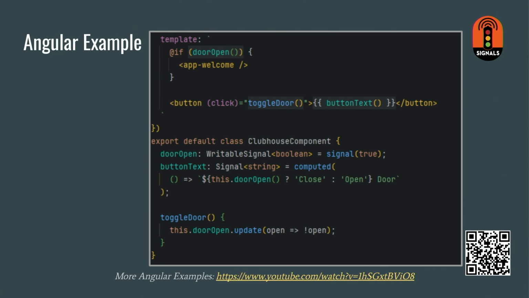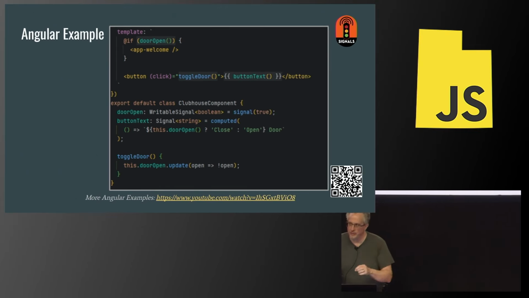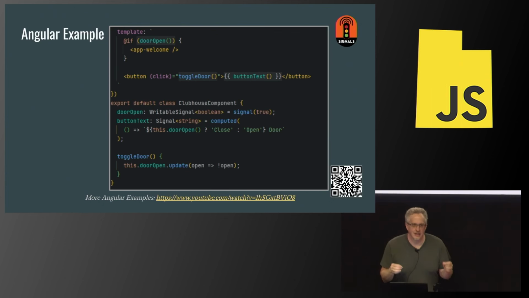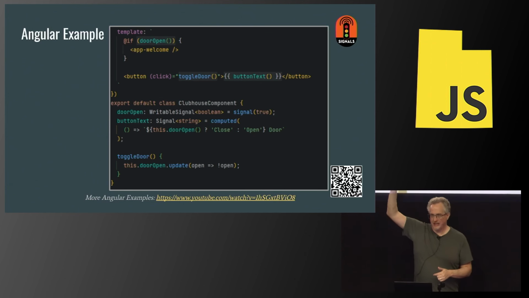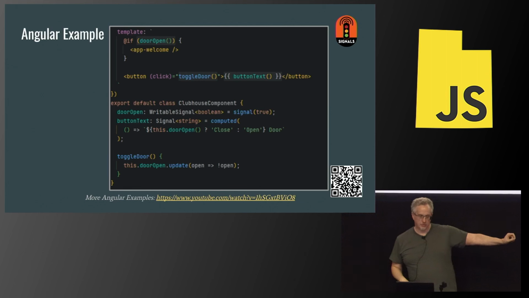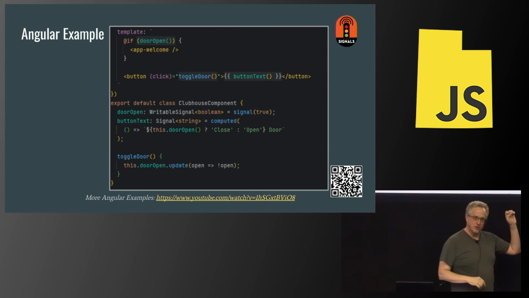And this is where the magic starts to happen. When we make that change, the door open has changed. And now that will automatically tell the template that that line of the template is dirty. It will also tell button text that it's dirty, which means that button text will tell its line of the template that it's dirty.